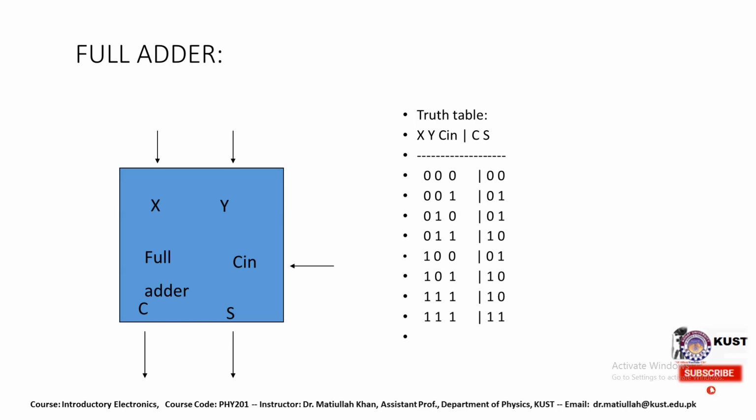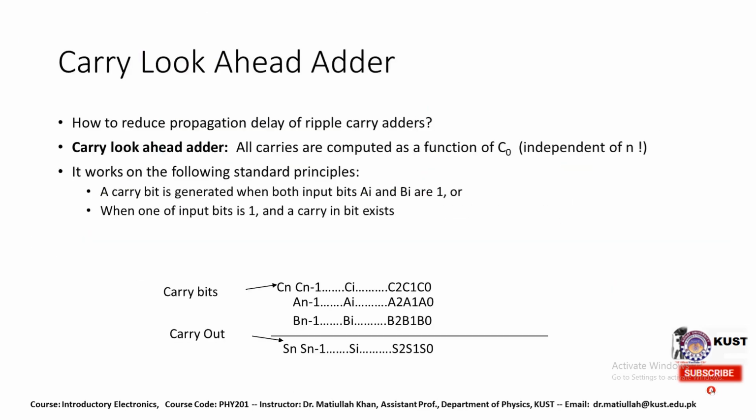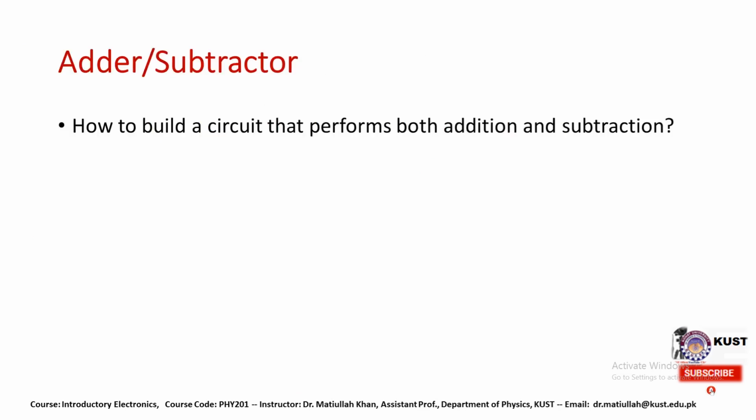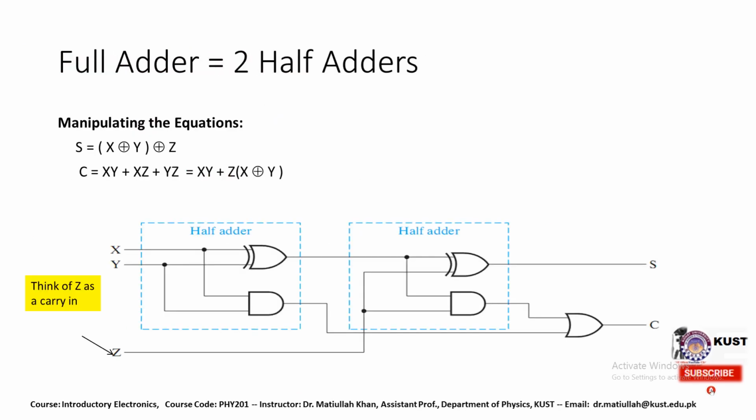So basically what we studied from the whole lecture is that in case of adders, we have two input values. Separately, this is a half adder, and this is a half adder. When both are combined and this is added with it, it gives us a full adder.